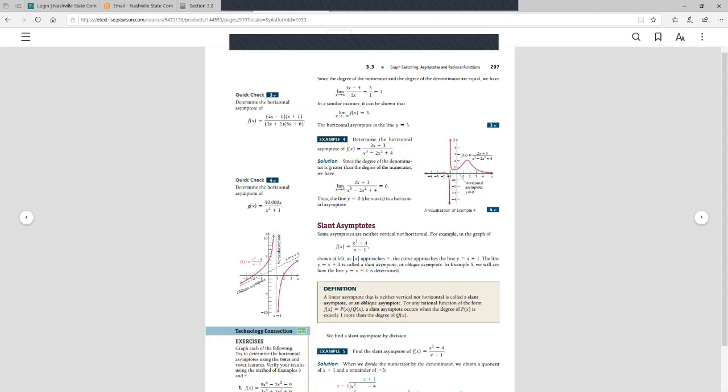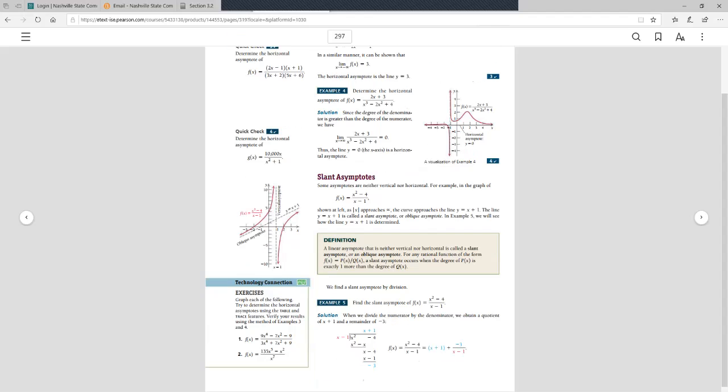And then we have slant asymptotes. We typically do not do a lot with slant asymptotes, and I'm just going to touch on this momentarily. A linear asymptote that is neither vertical nor horizontal is called a slant asymptote or an oblique asymptote.